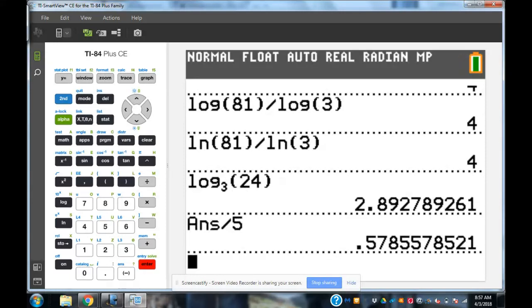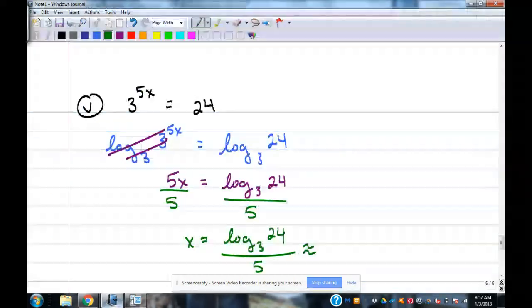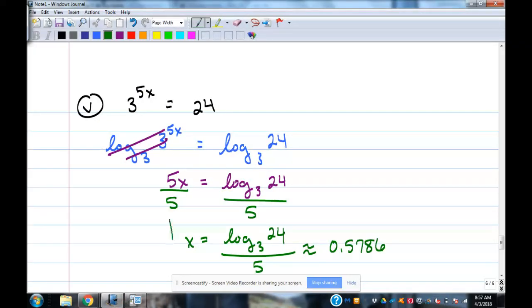We're going to round to 4 decimal places. Everything we get an approximation for today, we're going to round to 4 decimal places. So it'd be 0.5786. The 5 makes the 5 go up. 0.5786, and we get that solution.